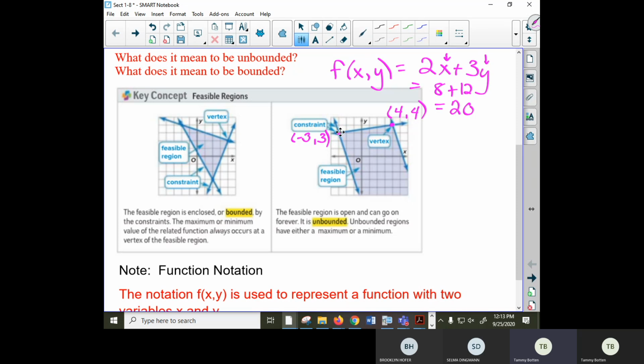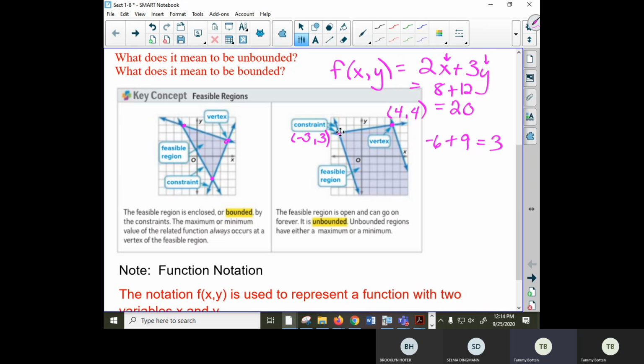Then you put negative 3 in for x and positive 3 in for y. 2 times negative 3 is negative 6, 3 times 3 is 9. When you add those together, you get 3. Sometimes you might have, like in this case, 3 vertices, okay?